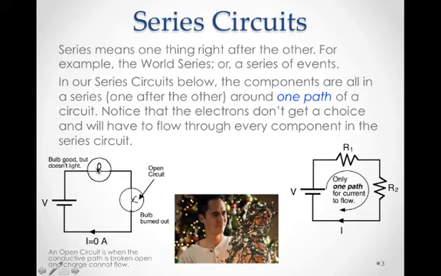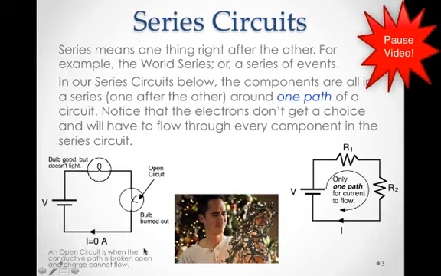So this bulb, even though it's perfectly fine, won't light because this one has broken open. The current everywhere in the circuit is going to stop. There will be no current. And that's why these kind of Christmas lights are quite frustrating, because if one bulb burns out, then they all go out, and it's very difficult to find which bulb has burned out.